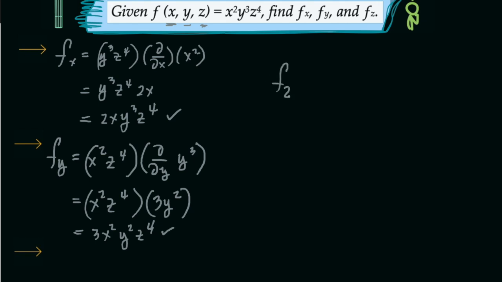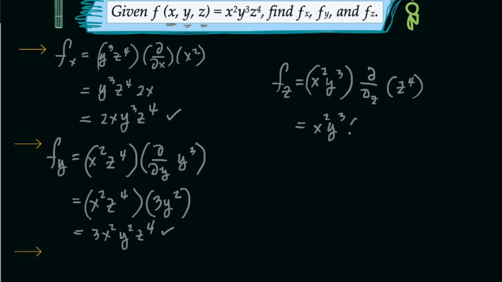For f sub z, we'll follow the same process, but this time we are differentiating with respect to z. That's why we'll hold x and y as constant. So we'll just write x squared y cubed, and then we'll find the partial with respect to z of z to the fourth, which is 4z cubed.